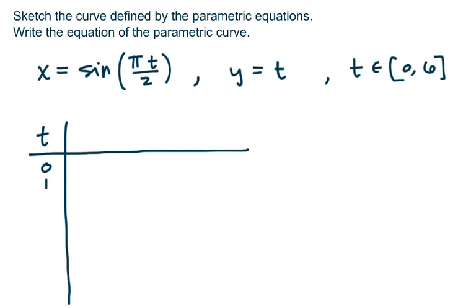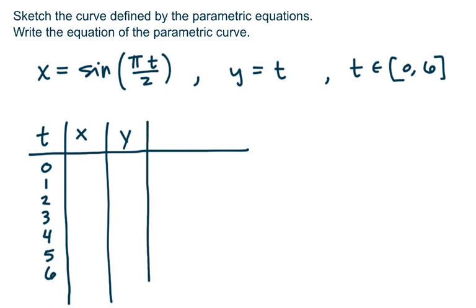So I have 0, 1, 2, 3, 4, 5, and 6. And I can use those t values to calculate an x and to also calculate a y. And if I know that x and y, I can then create xy ordered pairs.